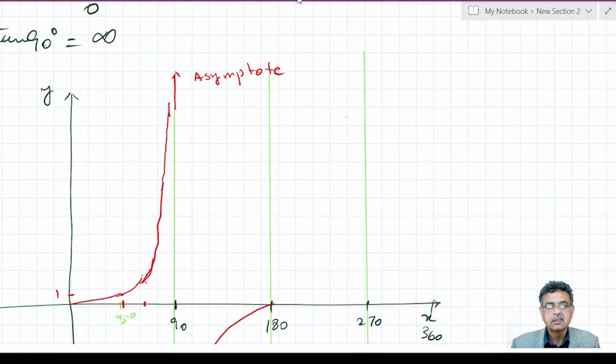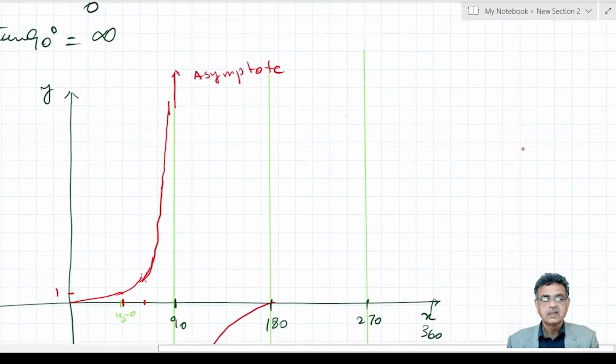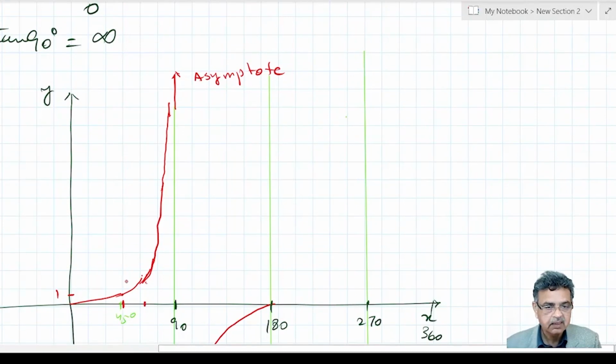Now this is the first and second quadrant, and now it moves back in the same way as this one. The similar type of graph will be here.